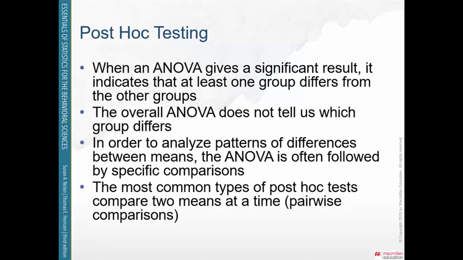But it doesn't tell us which groups are different. In order to analyze patterns of differences between the means, the ANOVA is followed by specific comparisons. There are many, many types of post-hoc testing. The most common ones compare two means at a time. We call those pairwise comparisons, and that's what we're going to do.